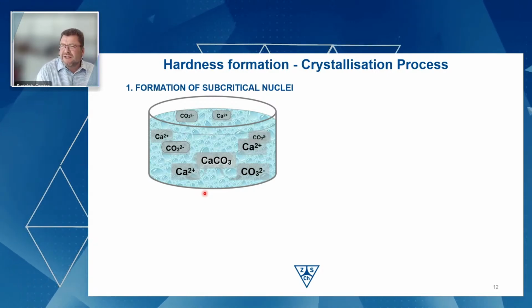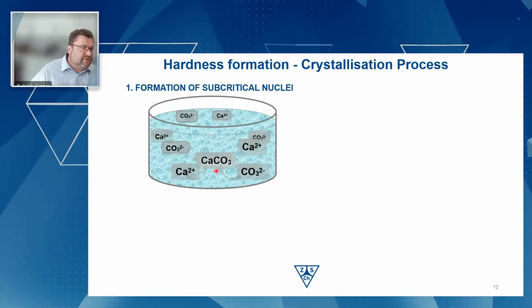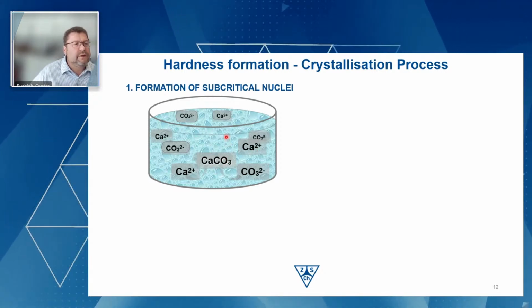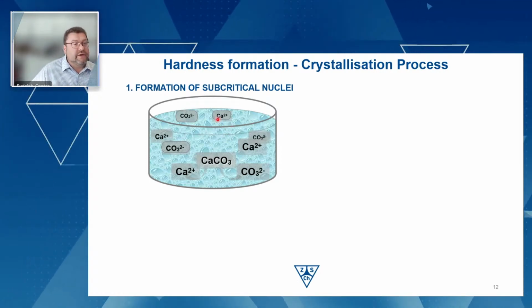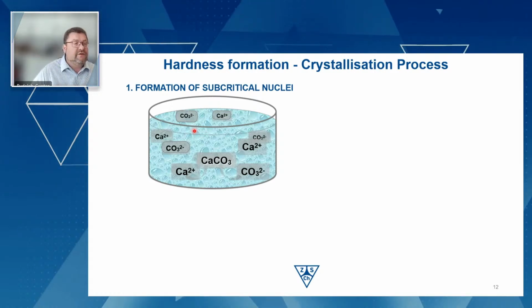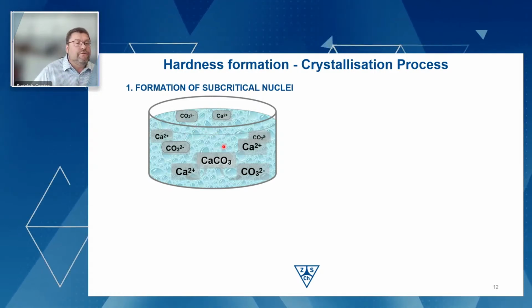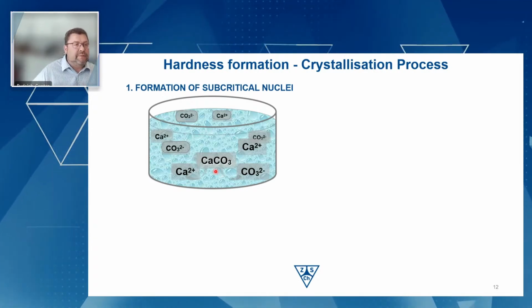Just to visualize a little bit and to make it more obvious. This is an aqueous system. Within our aqueous system, we have the dissolved ions, so the calcium ions and the carbonate ions. And upon the point we exceed the solubility levels, both will combine to calcium carbonate. Calcium carbonate is a dipole.